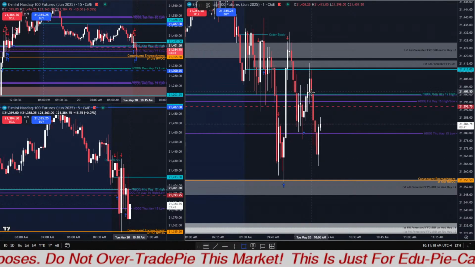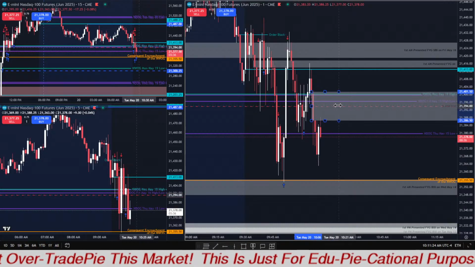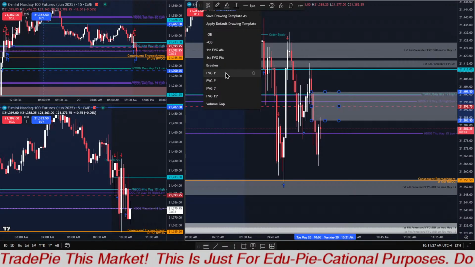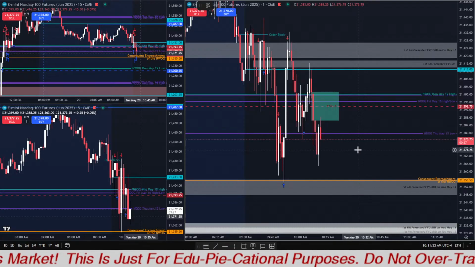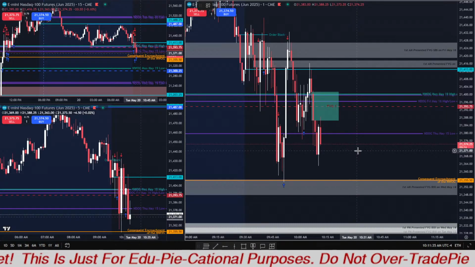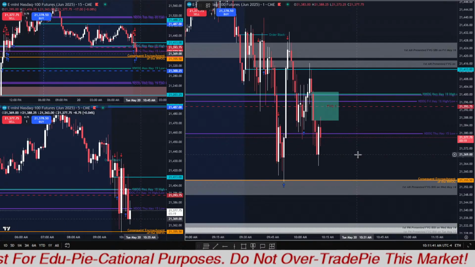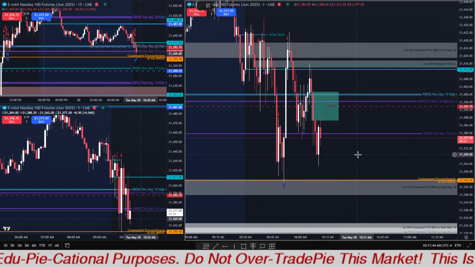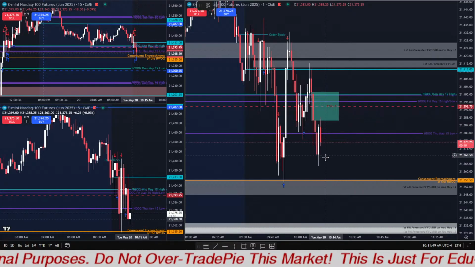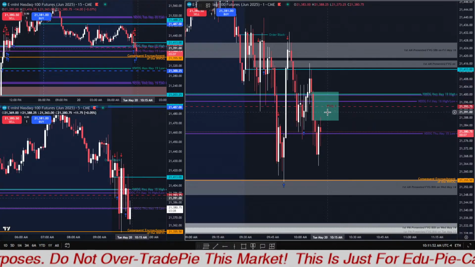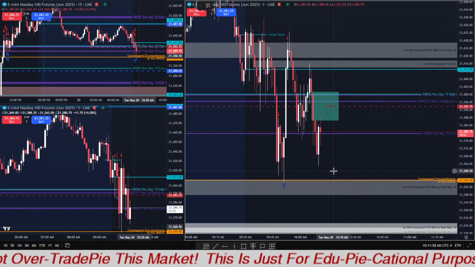Now I'm looking to this inefficiency. We have institutional order flow entry drill over here, and we traded inside the fair value gap over here and started going lower.